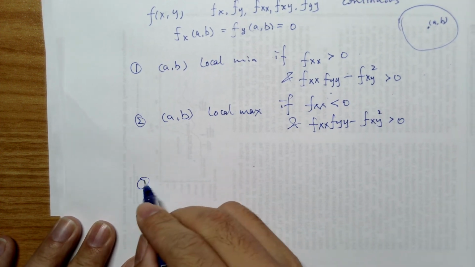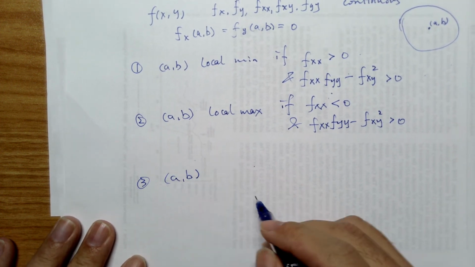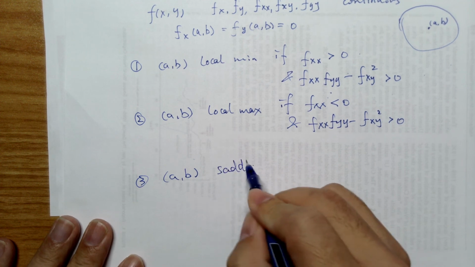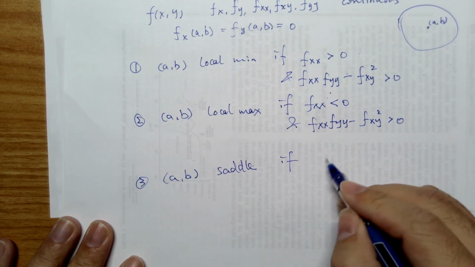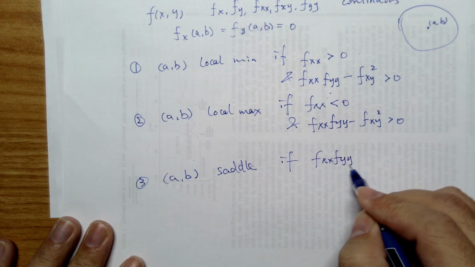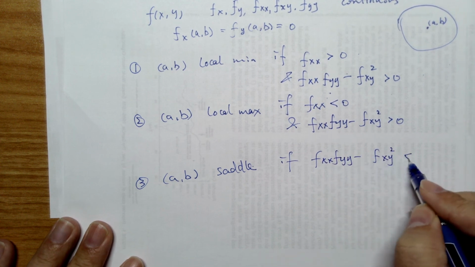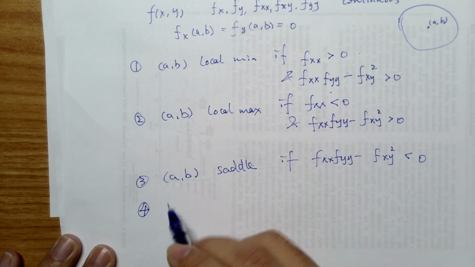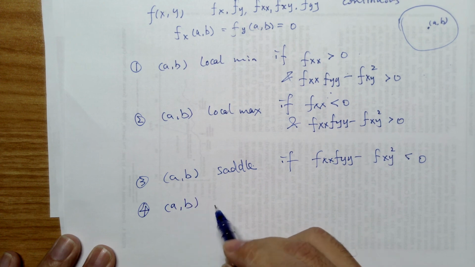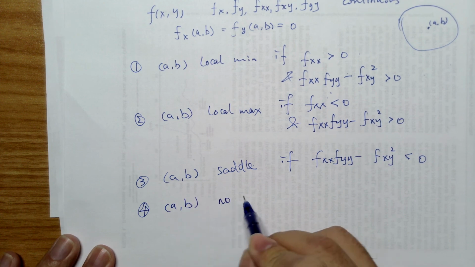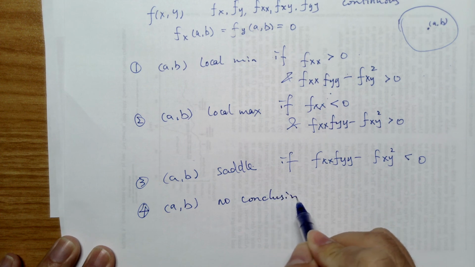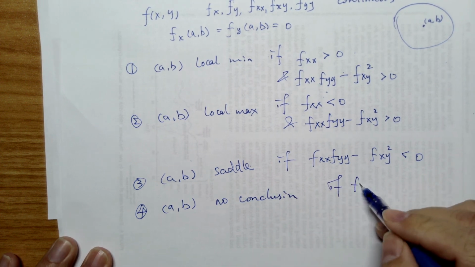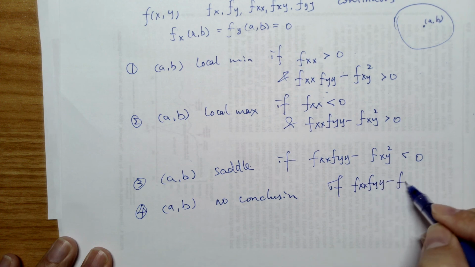The third one is a saddle point if the discriminant is less than 0. And then the fourth case is no conclusion if this discriminant equals 0.